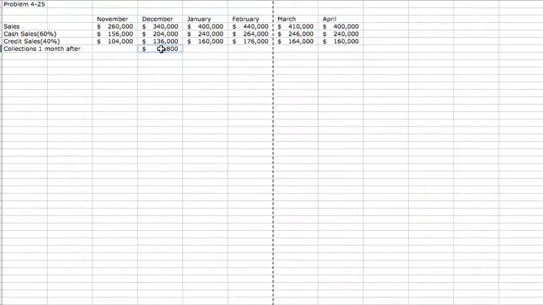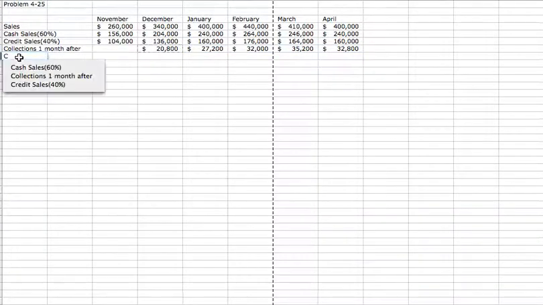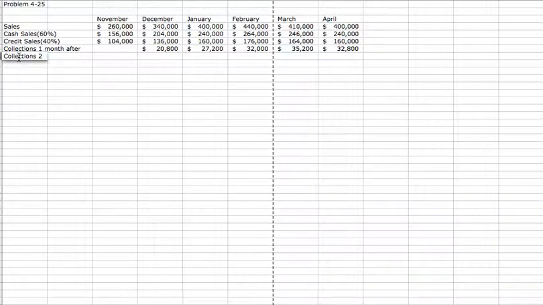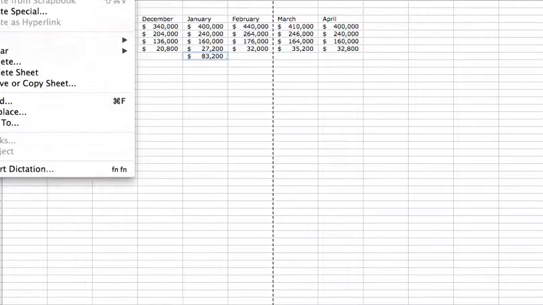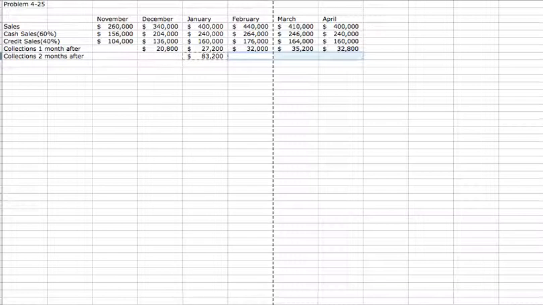Alright, so we're going to do the same thing and copy that formula over. Okay, and then collections 2 months after will be 80% of the credit sales from 2 months before. So that's times 0.8, and we can copy that formula across.